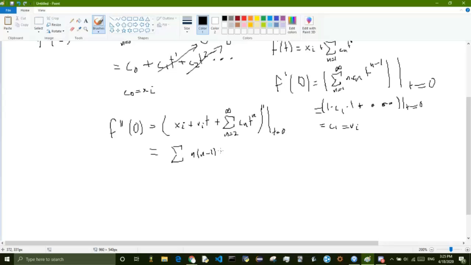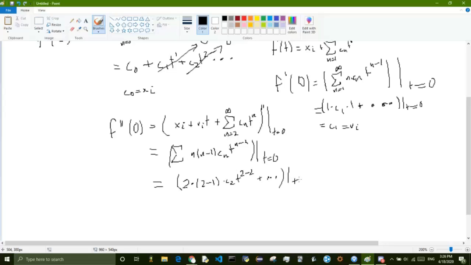Then now we evaluate the series, right? So you plug in n equals 2, you get 2 times 2 minus 1 times c2 times t to the 2 minus 2 plus dot dot dot, and I hope the pattern is clear. The dot dot dot is because the rest of these terms have t dependence, right? Because this minus 2 is constant, but this power is increasing. Therefore, the next one will be t to the 3 minus 2, which has t dependence.